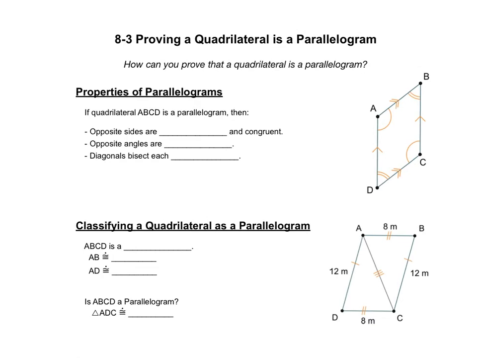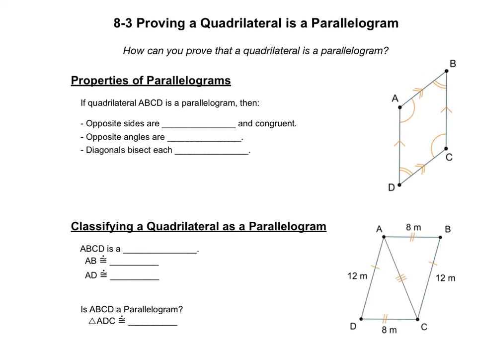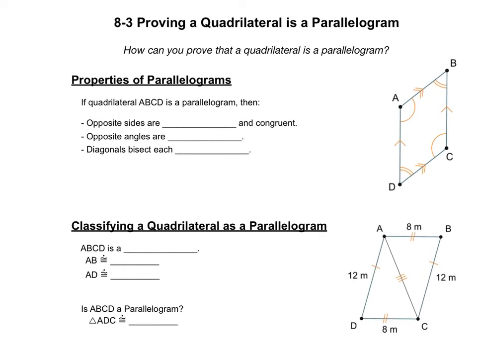We know the properties of parallelograms. Looking here, we have this quadrilateral ABCD, and it's a parallelogram, and we can identify that because we can see that my opposite sides, AD and BC, are parallel, and AB and DC are parallel.